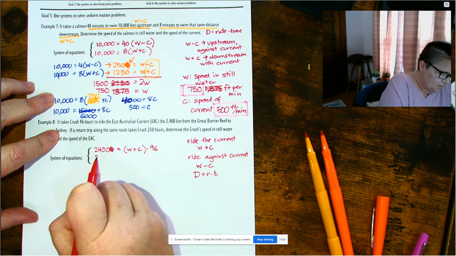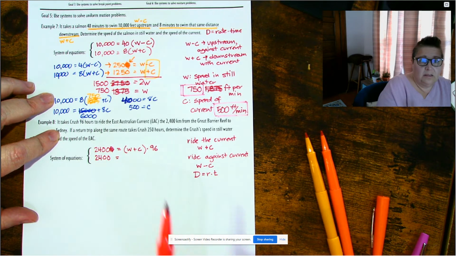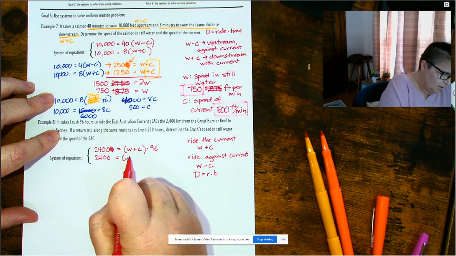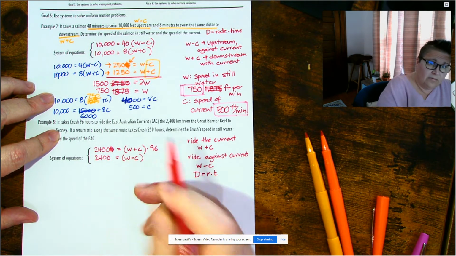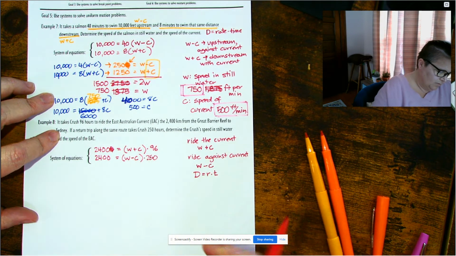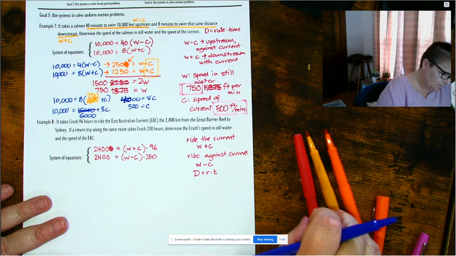That same distance of 2,400 kilometers is going to be the same in the return trip. That's going to be the water minus the current, because we're going to be fighting against it, times 250 hours. All right, this gives us our two equations.